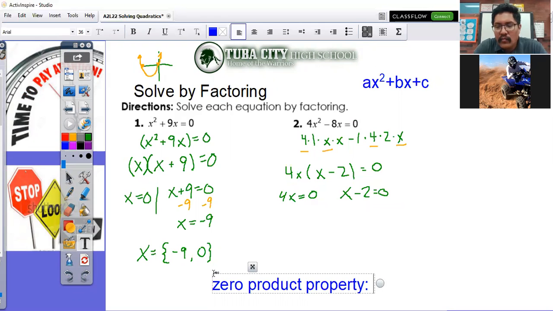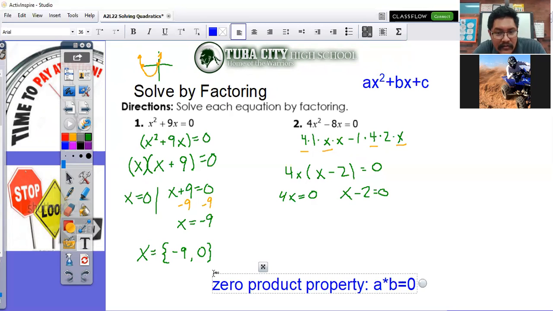So we know that 0 times any number is going to be 0. So 0 times 6 is 0. We could also write it as n, or in this case, I'll write it as b. 0 times b equals 0.